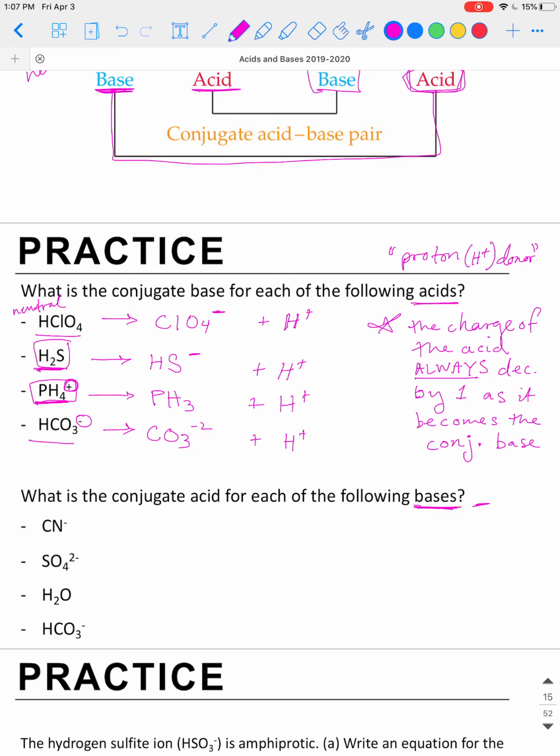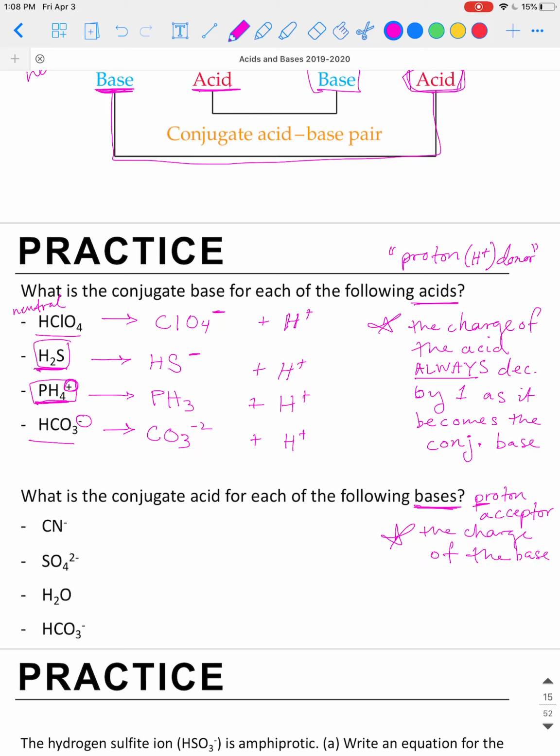Okay, now let's go to the bottom half of this slide. We have a bunch of bases, and we are going to write the conjugate acid for each one. So what is a base? A base is a proton acceptor. And I'm going to write a statement like I did up top.